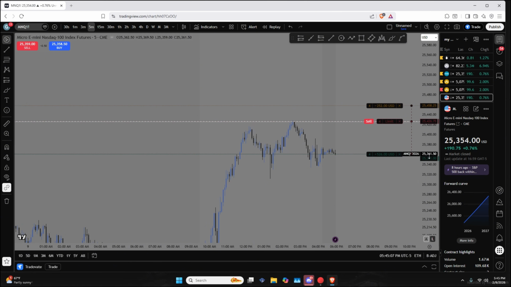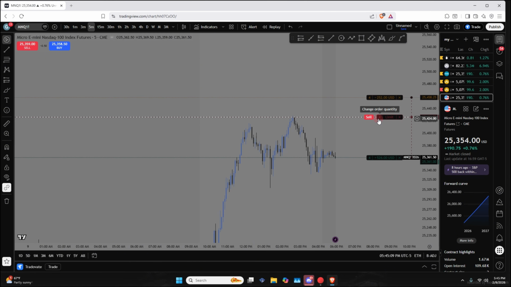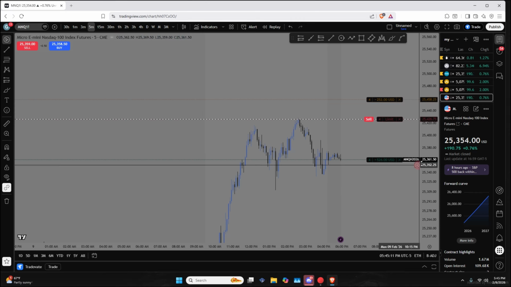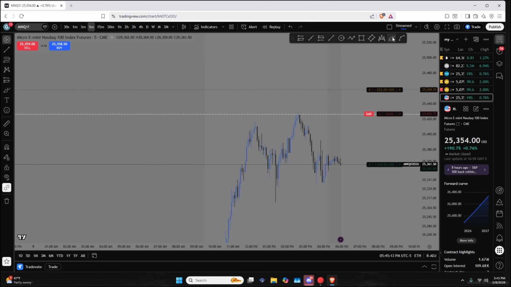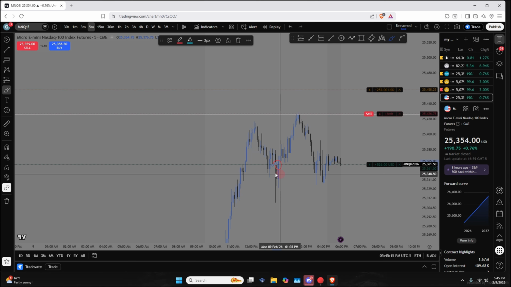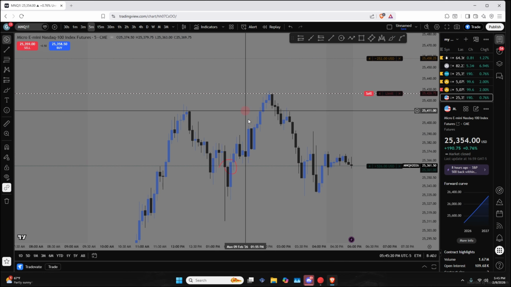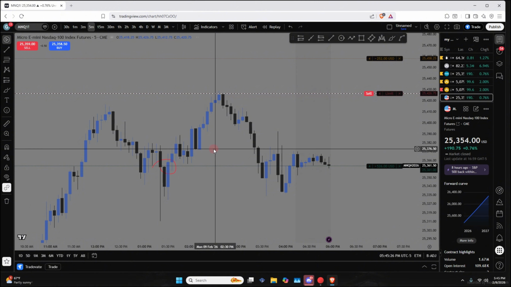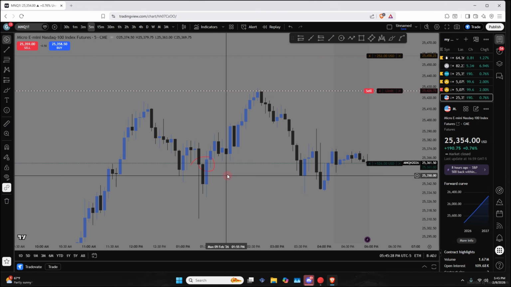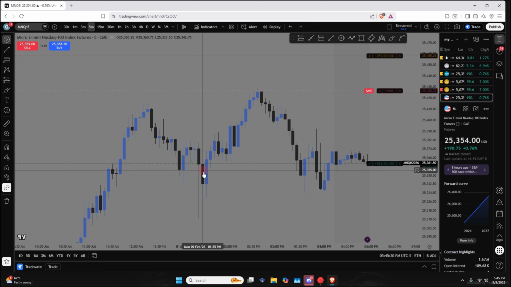Normally I enter on minis, or if I'm entering micros, I'll probably go a little heavier on the micros. The reason this area in particular is my TP level is that this CRT is the same thing on any time frame. On a 5-minute time frame, you can see we had this bearish candle opening right here, because bearish candles open at the top and close at the bottom.